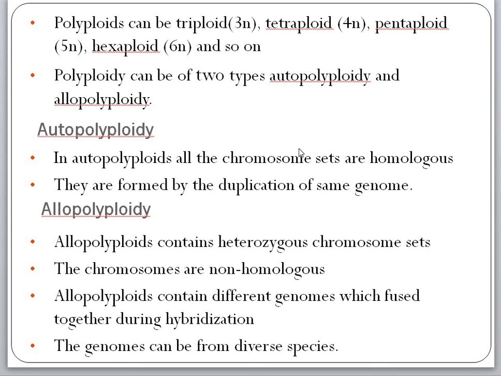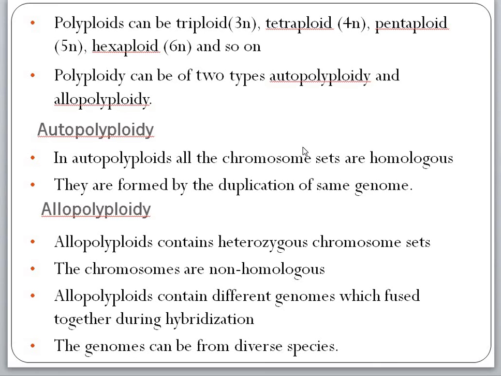Allopolyploidy contains heterozygous chromosome sets, that is, it is formed by the merger of genomes of different species. And this fusion of genomes from different species happened due to hybridization. The chromosomes present in allopolyploids are non-homologous, and the genome can be from diverse species.